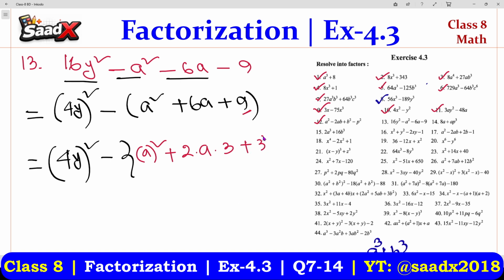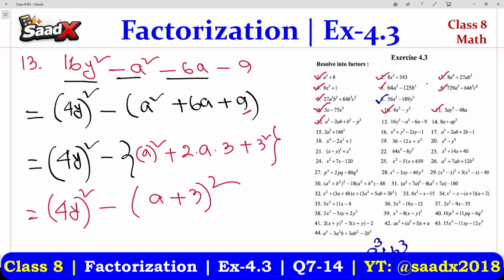So plus 3 square. So it's looking like 4y square minus a plus 3 whole square. It means it's looking like a square minus 2ab plus b square. It's 2ab, that is 6a.